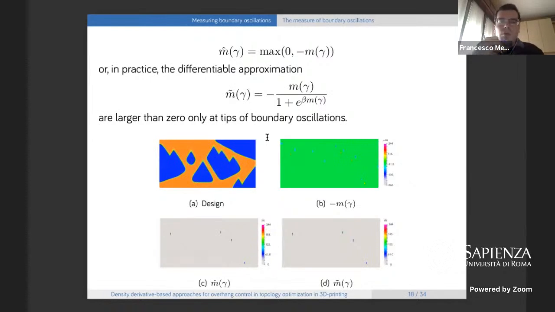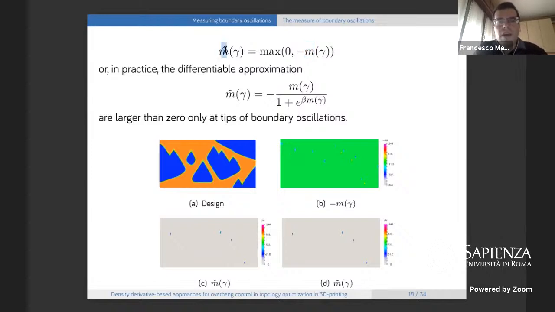Once we have that measure, we want to restrict our analysis to tips of oscillating boundaries. So we can project minus M, consider only the negative regions of M, and project everything else to 0.